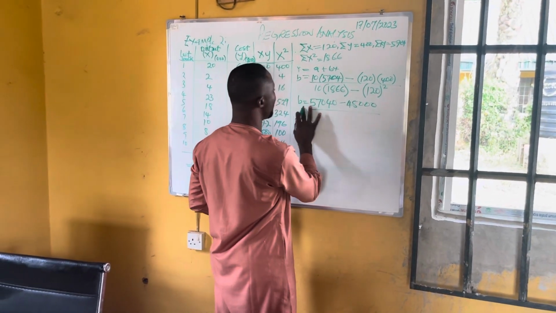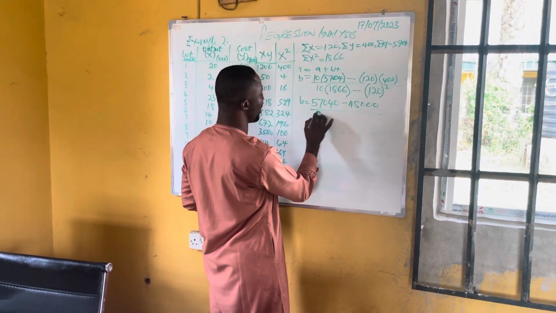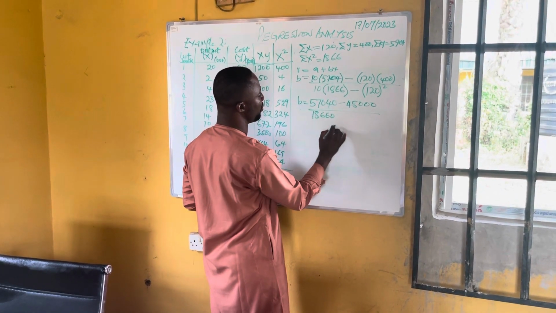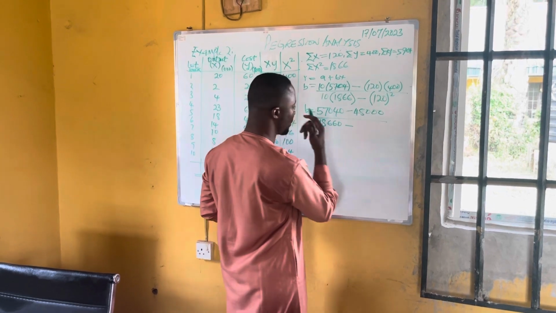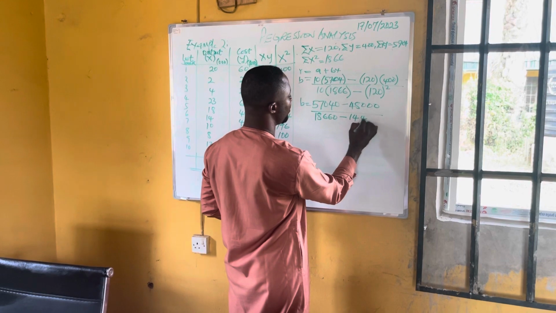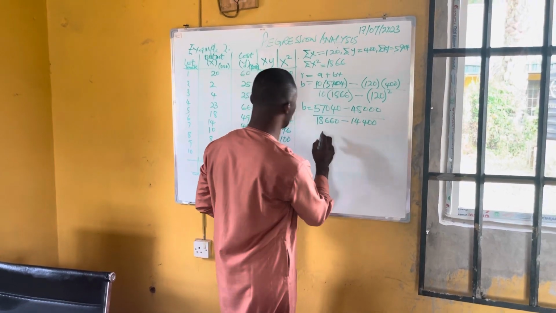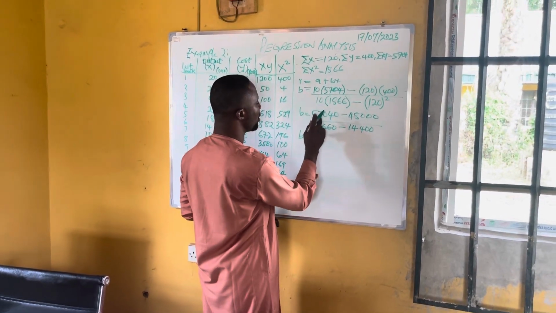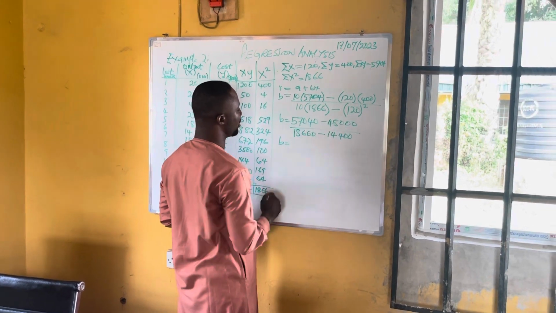All over 10 times this, which will give us 18,660 minus 120 squared. That's 14,400.